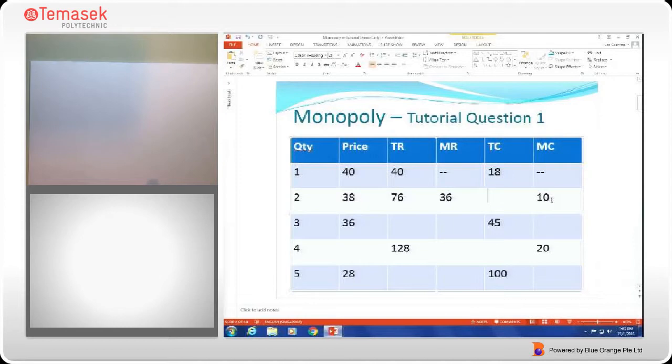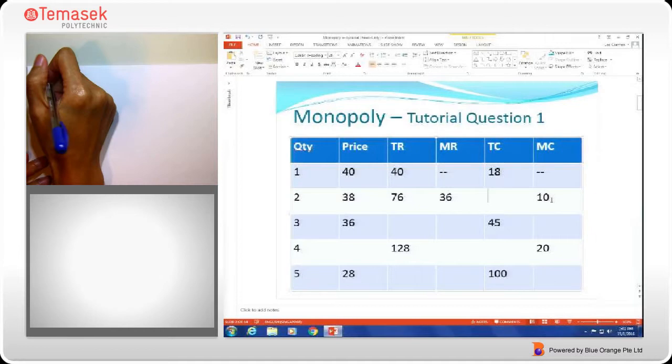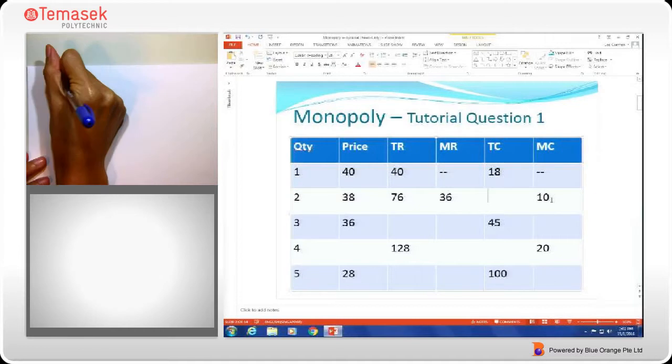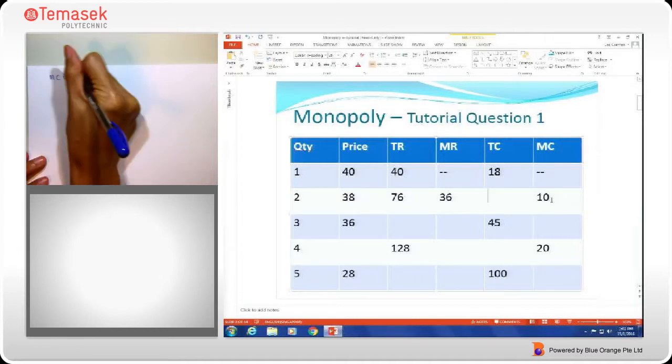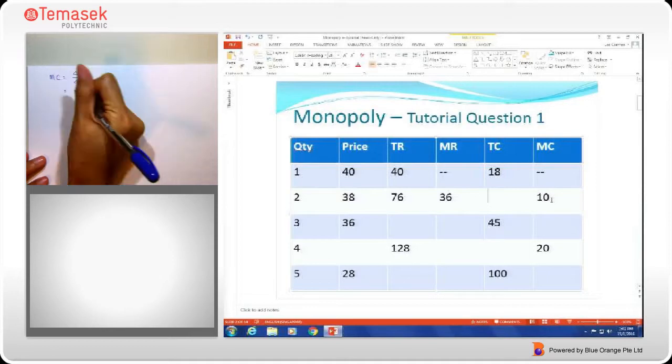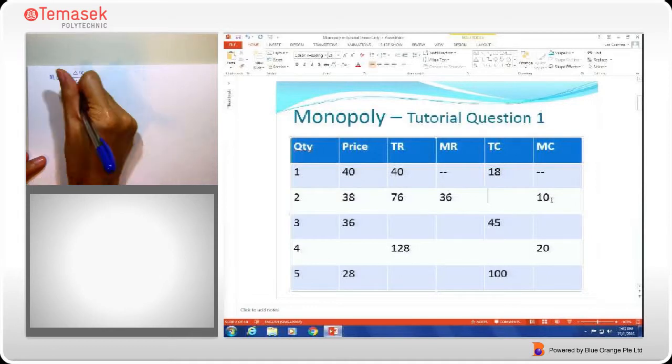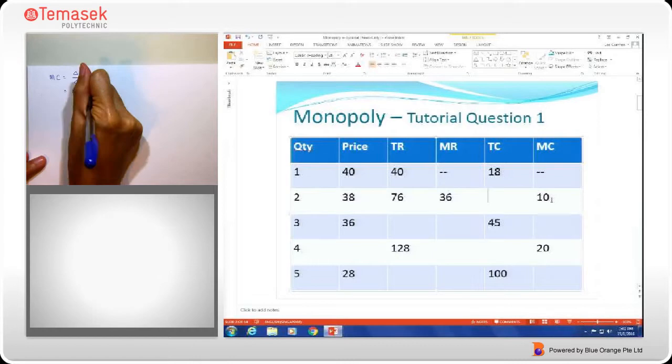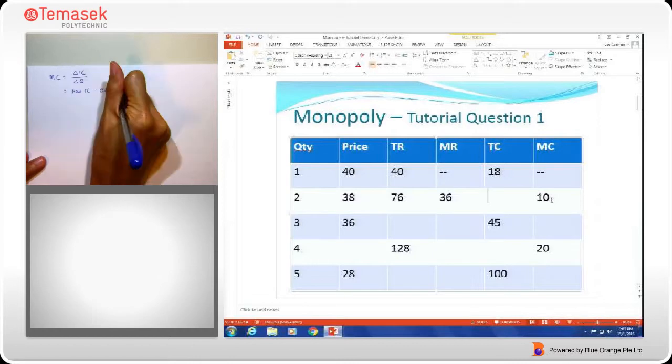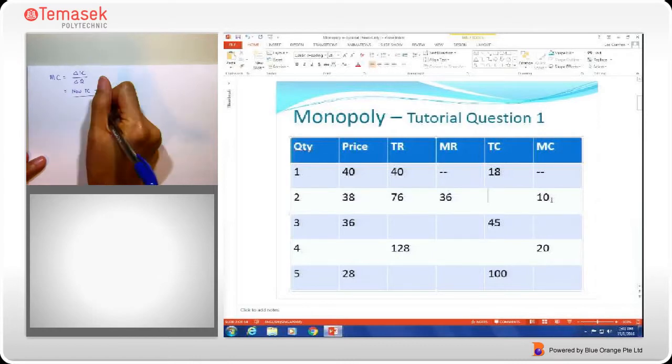Next, we are being asked to find the total cost at quantity 2. For that, we are given the marginal cost as well as the previous total cost. So now we need to use our MC formula, and we know that MC is equal to the change in TC over change in Q, which in this case is our new total cost minus old total cost divided by the change in Q, which is 2 minus 1.